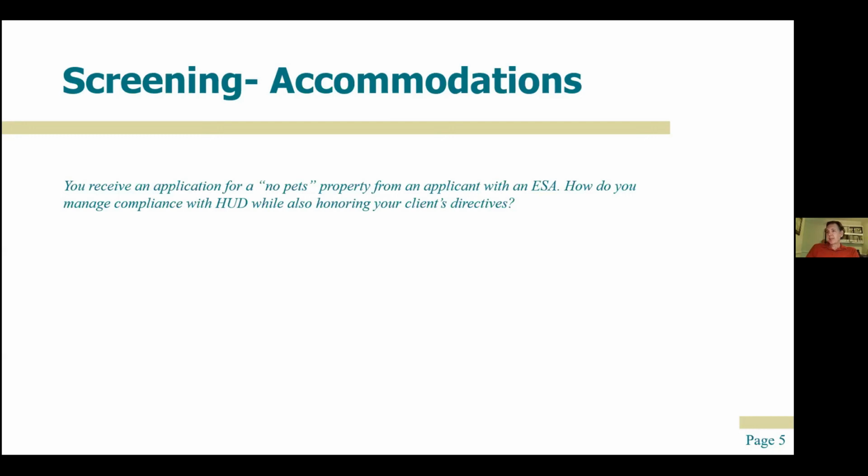And then you get an application with a service animal. Any thoughts? That's the call your lawyer example. Can anybody do any better than lawyering up? Yeah, I can come up with an answer, but I'd like to hear someone else answer.